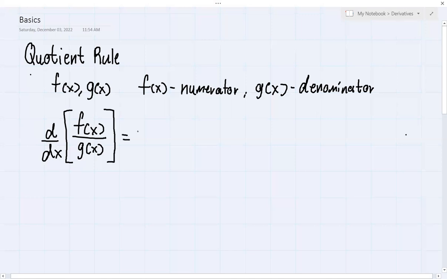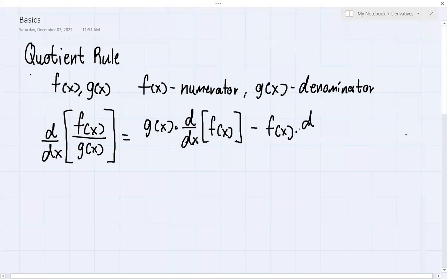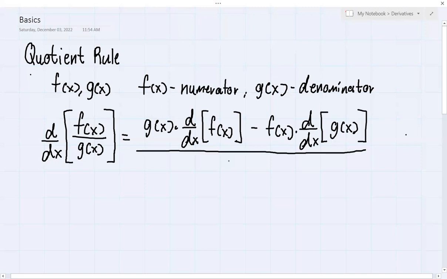The formula will be g of x times the derivative of f of x, minus f of x times the derivative of g of x, all over the square of g of x.